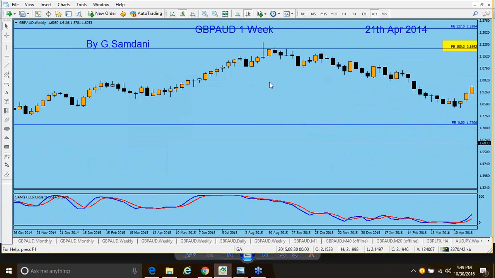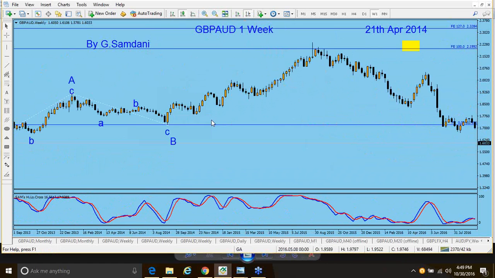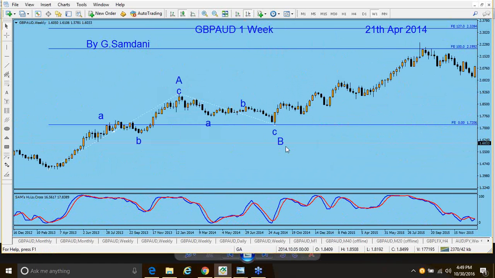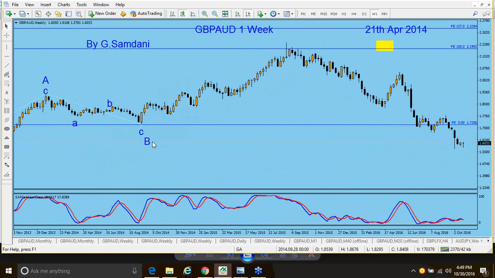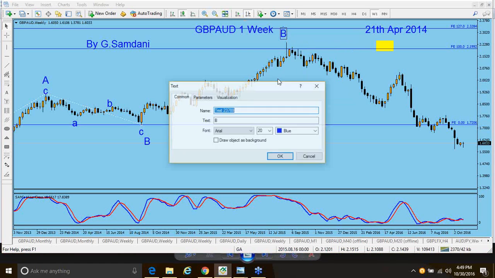So that is a very strong sign that we are making a turn from there. It's a 100% correction finished, A, B, C, three waves. This was A, this is B, and I would say this is C.